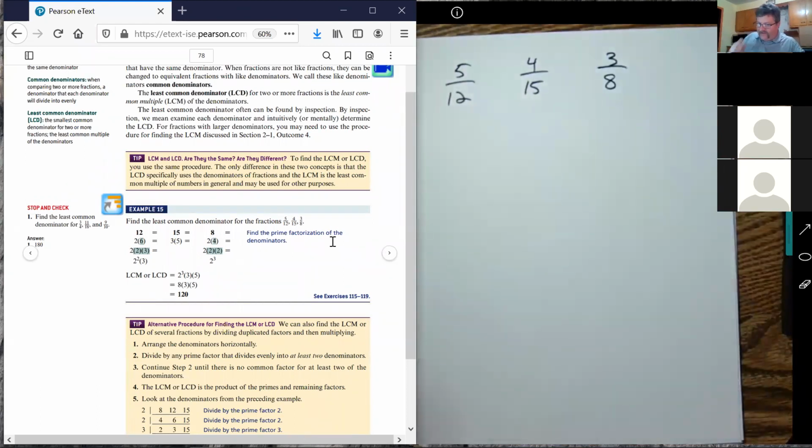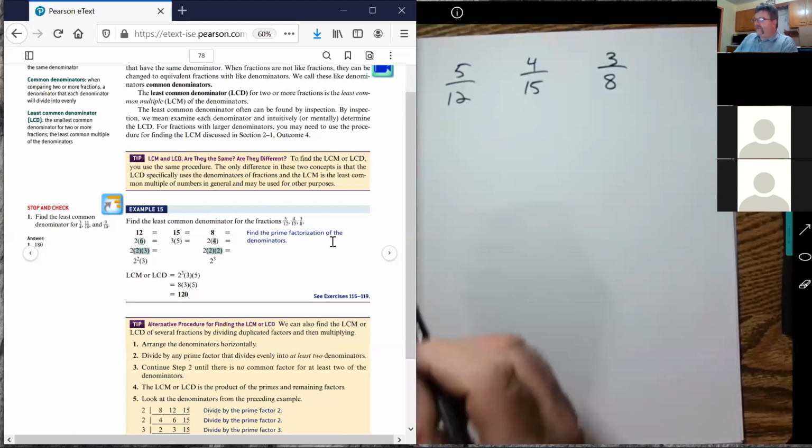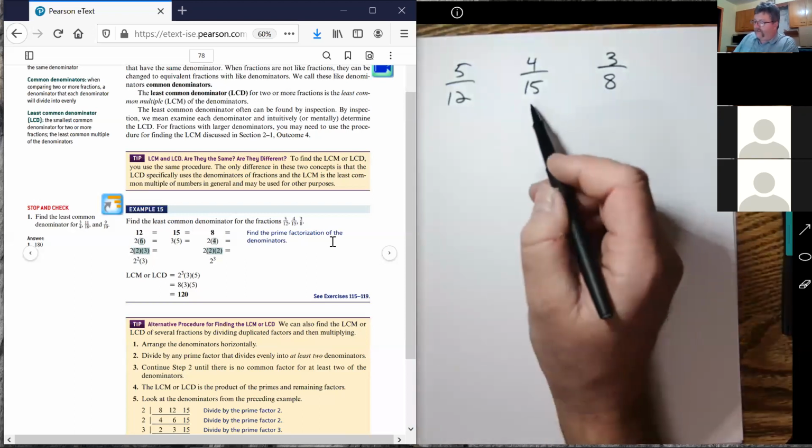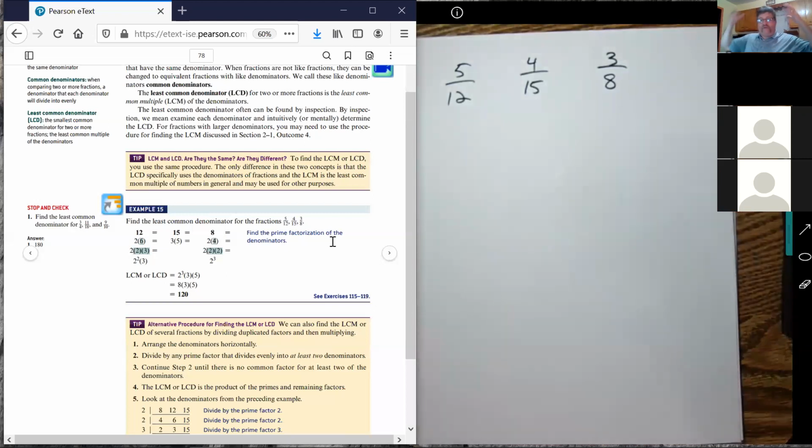I want to reslice the pie so they all have the same number of pieces. I have to figure out what that number is, because what's a number that I can turn a 12 into, a 15 into, and an 8 into? What's this bigger number out there that I can say 12 times something is that number, 15 times something is that same number, and 8 times something is that same number?